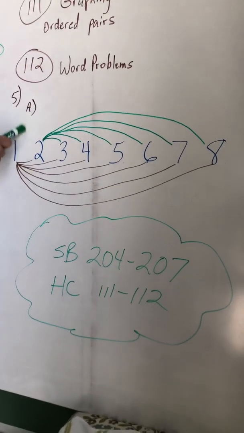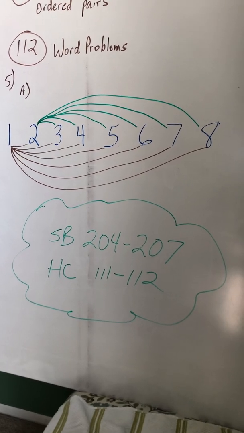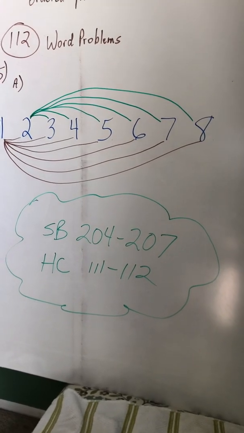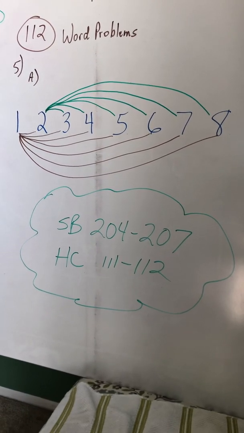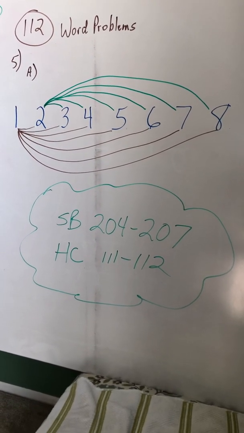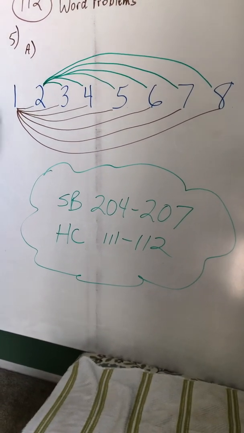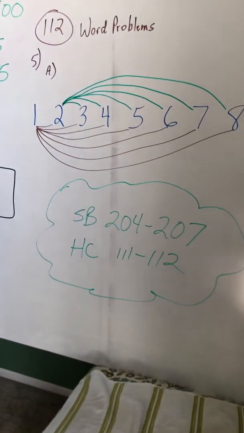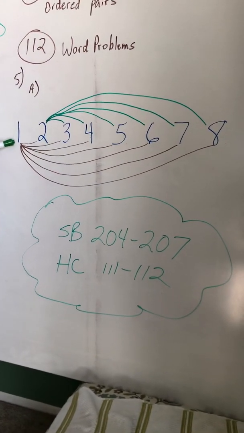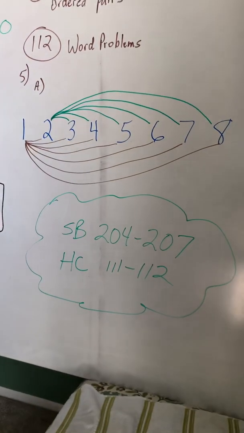Number 5 is a challenge problem. And I just wanted to show you A for number 5. So it says basically if you have 8 people in the room and they all shake hands once, how many handshakes are there in all when they're all said and done? So what I did is we've got these blue numbers are people. Okay? So what I had is number 1, shake hands with everybody, all the way down the line.